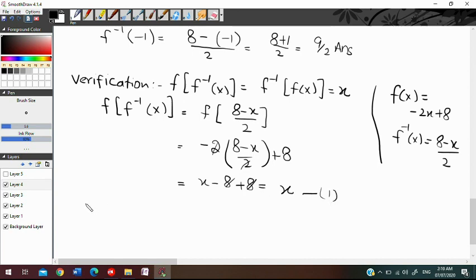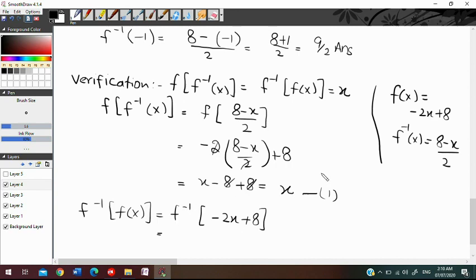Now we solve f inverse of f of x equals x. We have to prove this. So f inverse is the same, and we write f of x, where f of x is minus 2x plus 8. Now what is the property of our inverse function?